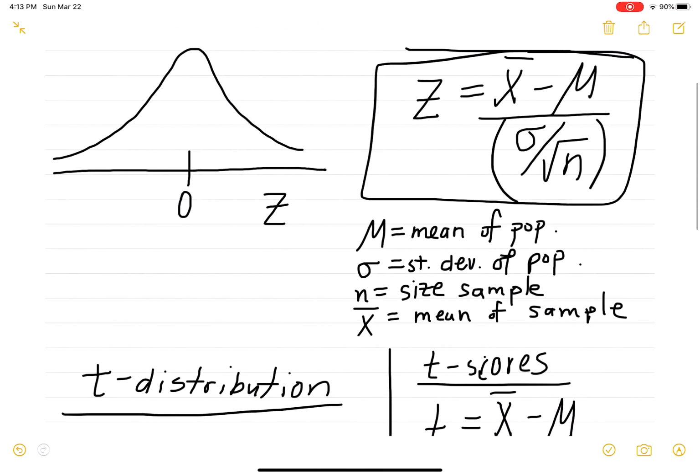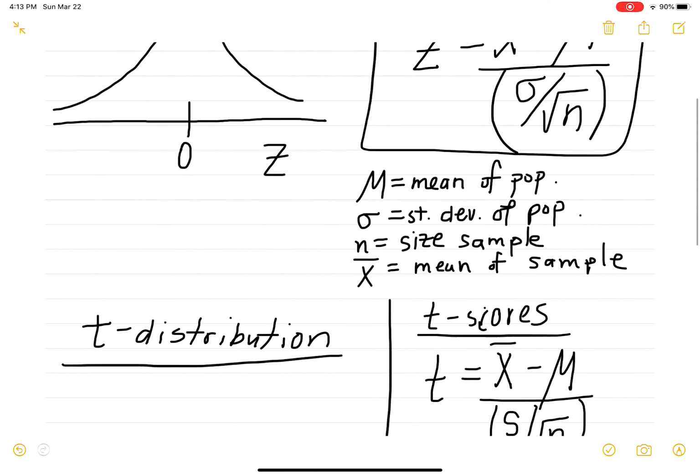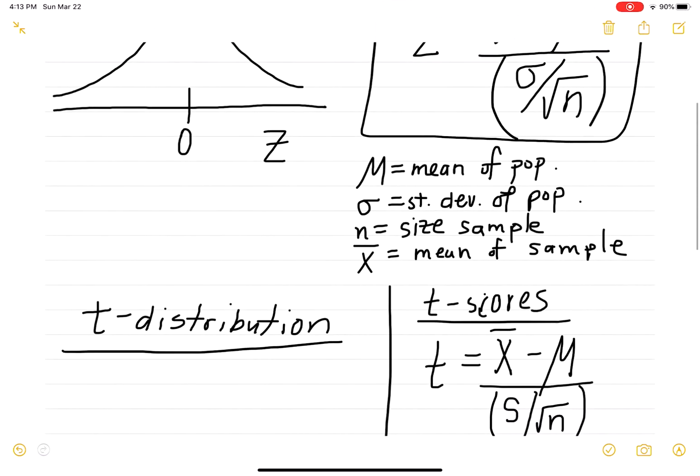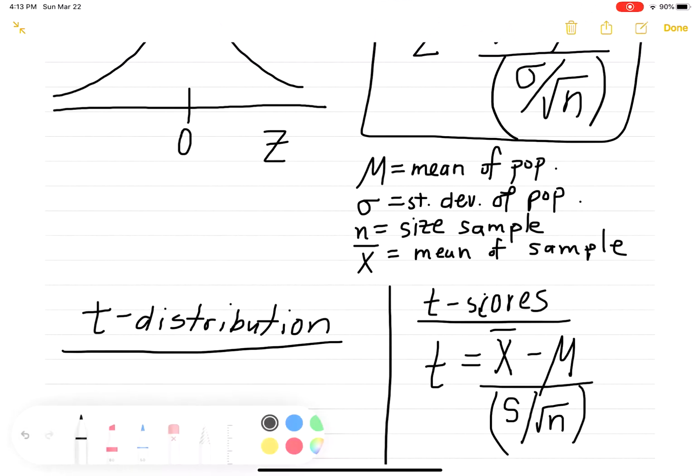The big difference, though, is that rather than using the population standard deviation, you're going to use the sample standard deviation. The reason why we'd use a t-score instead of a z-score is that oftentimes you don't know the population standard deviation. You don't know the sigma, right?